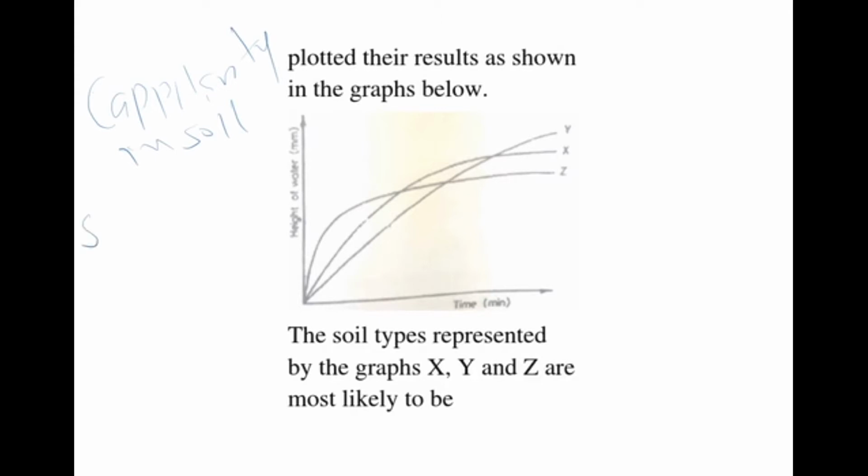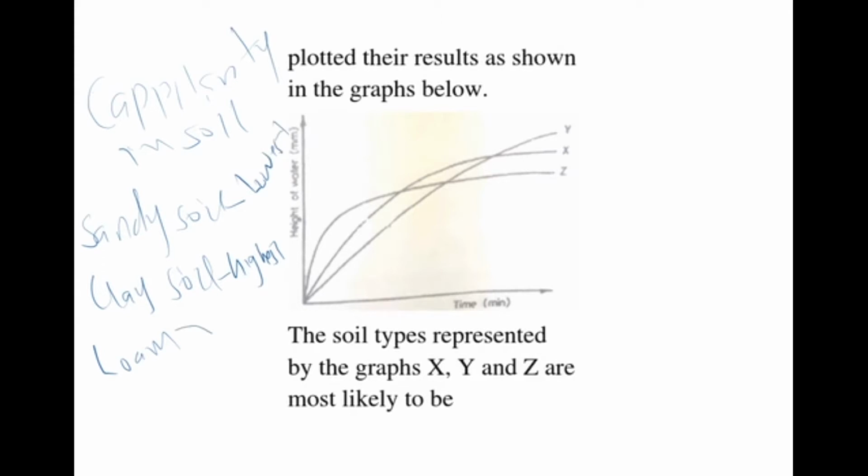We have sandy soil, we have clay soil, and then we have loam soil. Loam is just a mixture of sand and clay. When it comes to capillarity, clay soil has the highest capillarity, while sandy soil has the lowest.